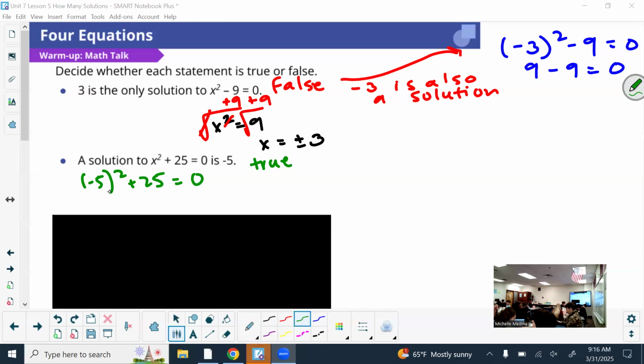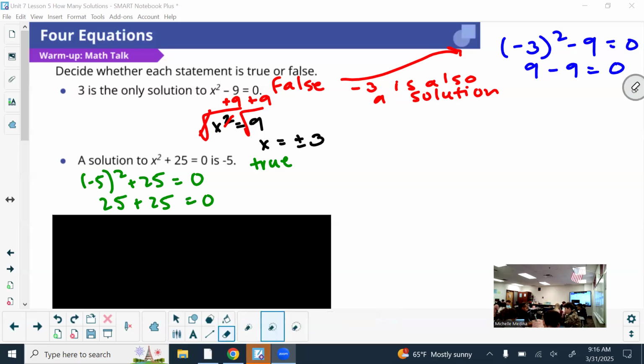Say it louder. -5 squared is a positive 25. Because like I said, you should never square something and get a negative. So if you did it in your calculator, you must have left off the parentheses, and that's why it's reading it wrong. And then we know that 25 plus 25 is not 0, it's 50.